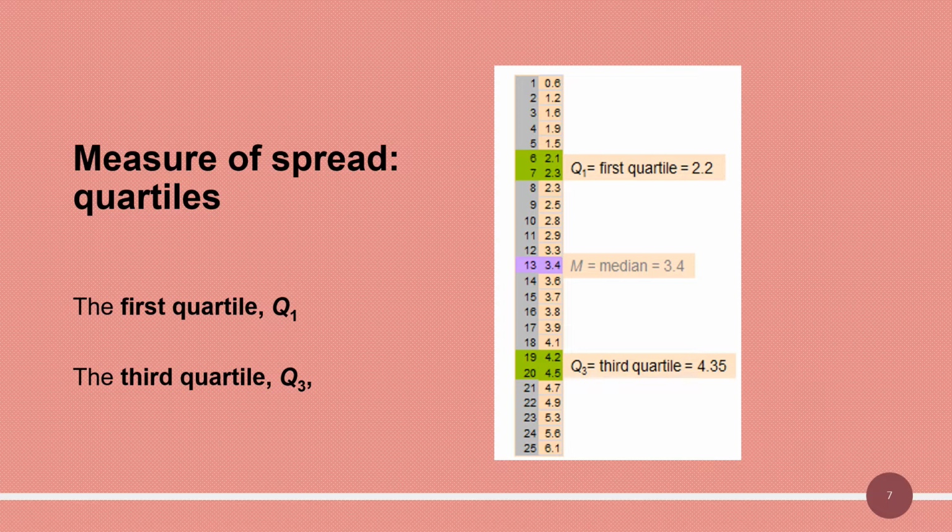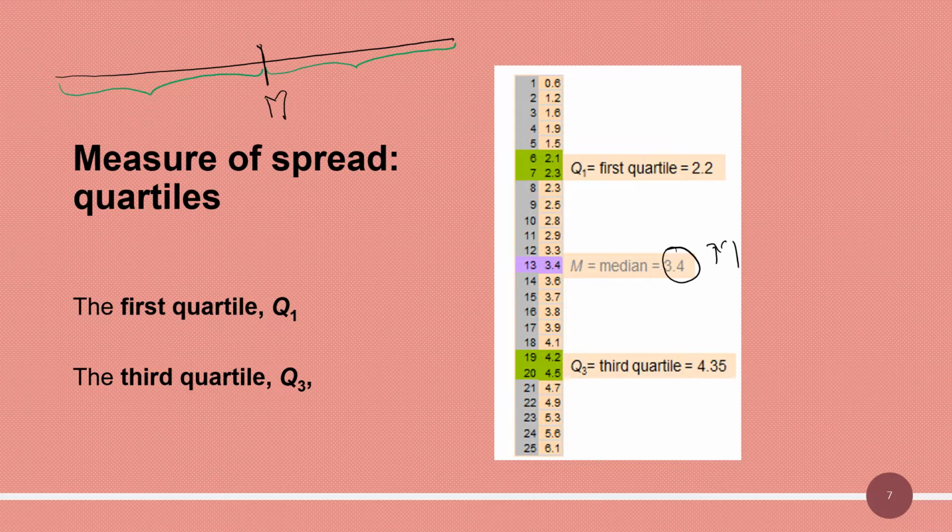Let's take the same example here, which consists of an odd number of terms. We saw that the middle term 3.4 is our median. When these numbers are arranged in a proper line, we pick the middle term, and that is our median. Once the median is selected, we are left with two sets of data, one lying to the right of it and the other lying to the left of it.